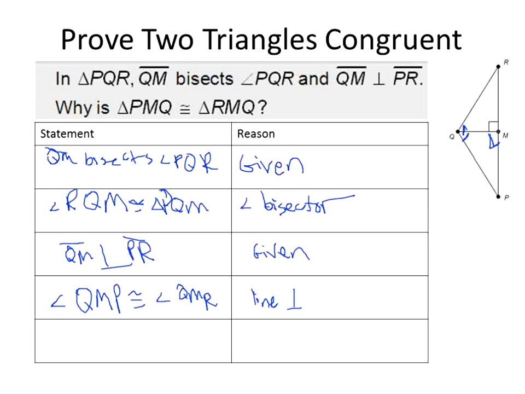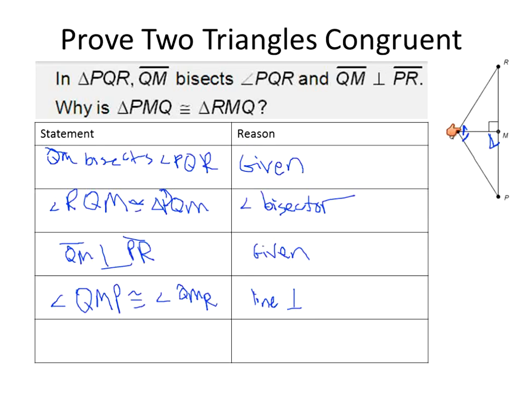When lines are perpendicular, they form right angles, and they form right angles on both sides of that line. So right now, I see two sets of angles that are congruent.